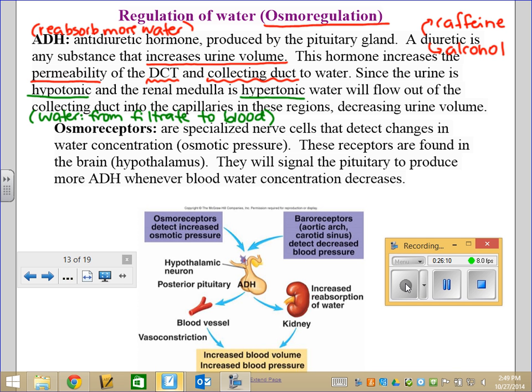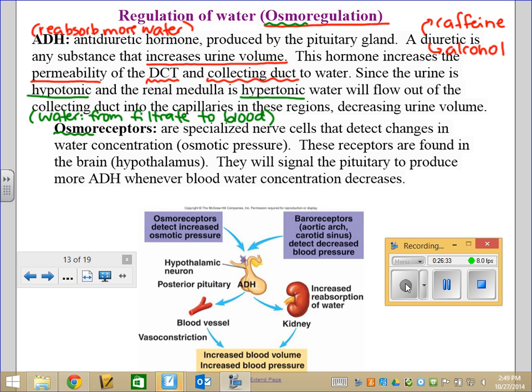Now, how does your body know to make that hormone? Well, you have some nerve cells called Osmo Receptors. See how it's called Osmo? This is called Osmo because we're talking about the osmosis of water. So these are nerve cells that detect changes in water concentration, and sometimes we call this osmotic pressure.